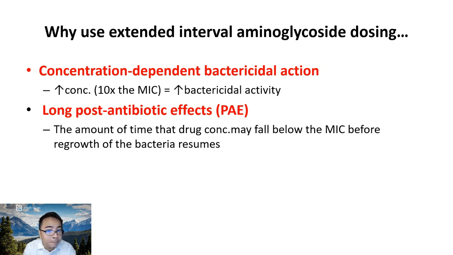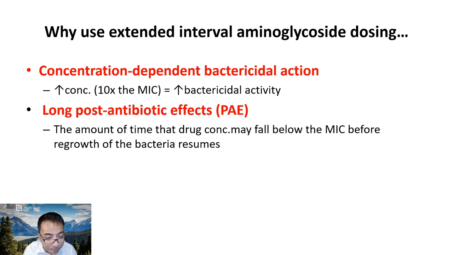First is, aminoglycoside is a concentration-dependent killer, meaning it kills bacteria based on its concentration. Okay, so the higher the concentration, the better. All right. So we can give class the concentration of aminoglycoside 10 times higher than the minimum inhibitory concentration, and that can give it bactericidal effects. Now, a second reason, class, would be because of its long post-antibiotic effects.